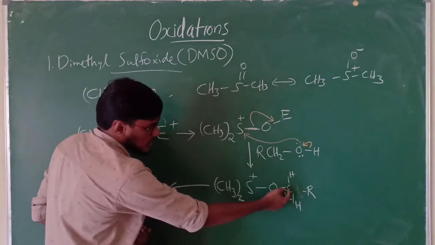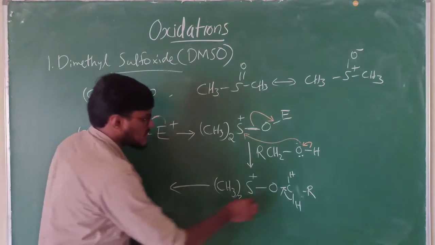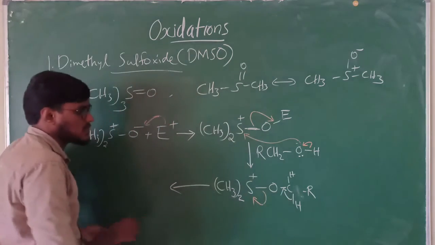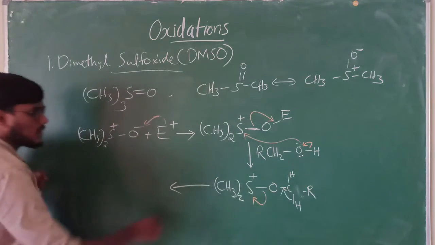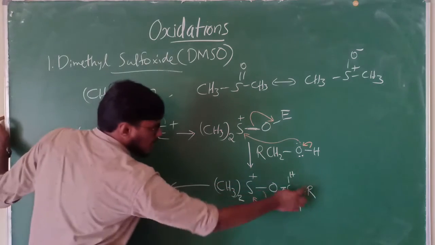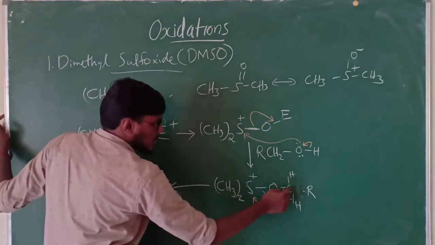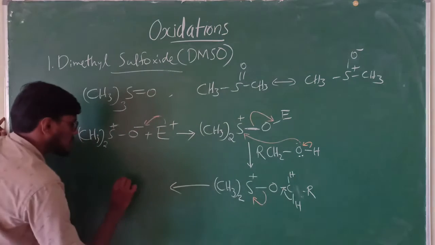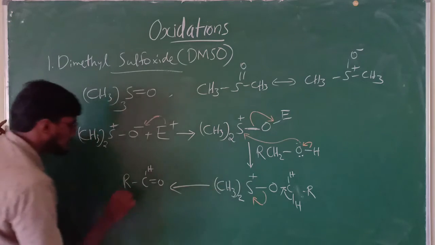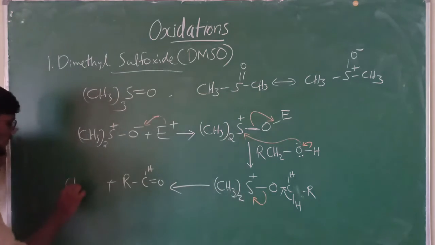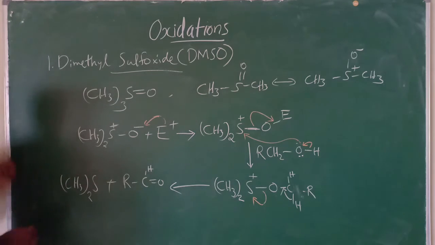Okay, so C double bond O, this bond becomes C double bond O, and at the same time this bond cleaves. Okay, this bond cleaves, this bond cleaves and there forms a C double bond O. And lastly, the product will be like this, RCHO, C double bond O H. So that is R C double bond O H, an aldehyde, plus CH3 twice S. Okay, this compound is formed as the product.